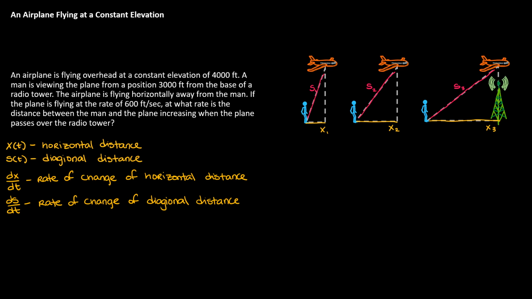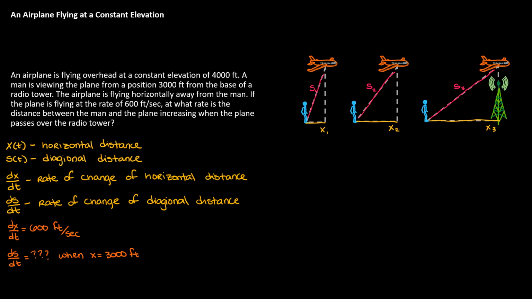We can move on to step 2, which is to identify the given information in the problem and identify what's being asked of us. We can see that they tell us that the plane is flying at a rate of 600 feet per second. The plane is flying at a constant elevation of 4,000 feet, which means it's flying perfectly parallel to the ground.